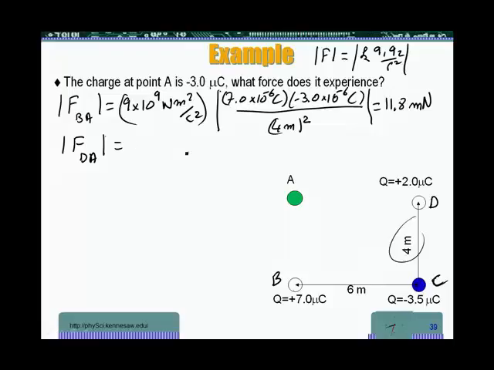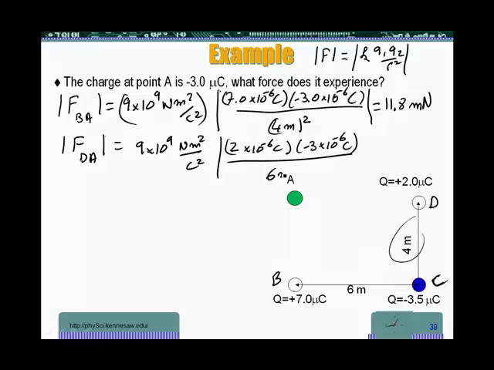Same kind of expression. 9×10⁹ Newton meter squared per Coulomb squared times, now we are going to have 2×10⁻⁶ coulombs times -3×10⁻⁶ coulombs over 6 meters squared in this case, and that should be equal, we calculate it, 2 times 3 is 6, 6 over 36 is 1/6, so we are left with 9/6, so that's 1.5, so that gives us 1.5×10⁻³ newtons, or 1.5 millinewtons.